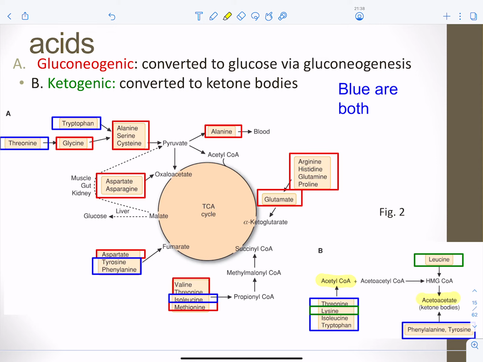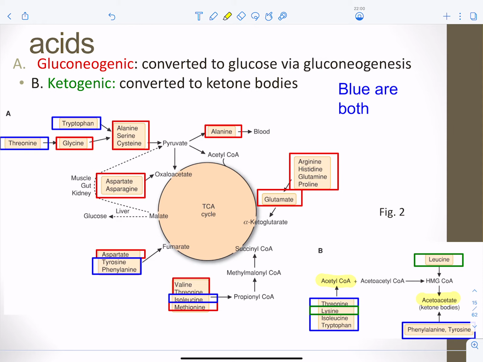Your amino acid carbons are going to overall become carbon dioxide, glucose precursors, ketone body precursors, or both potentially. The essential amino acids lysine and leucine are the two strictly ketogenic.